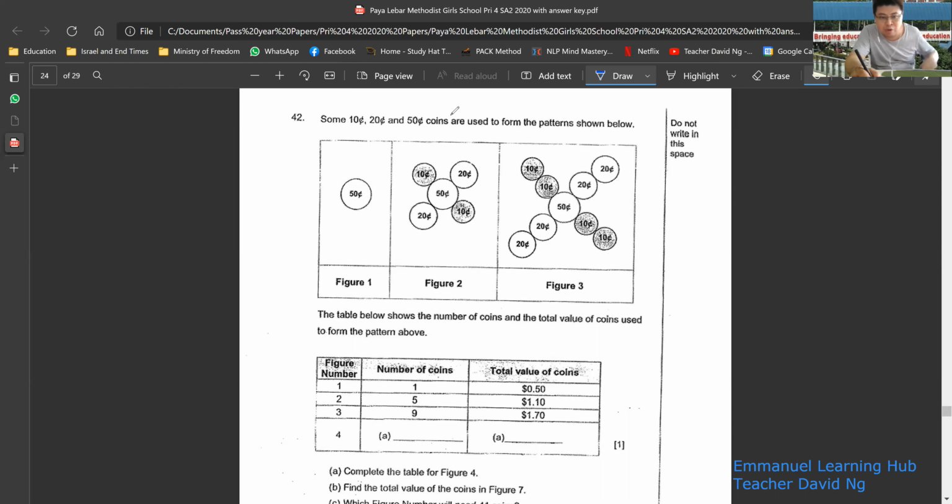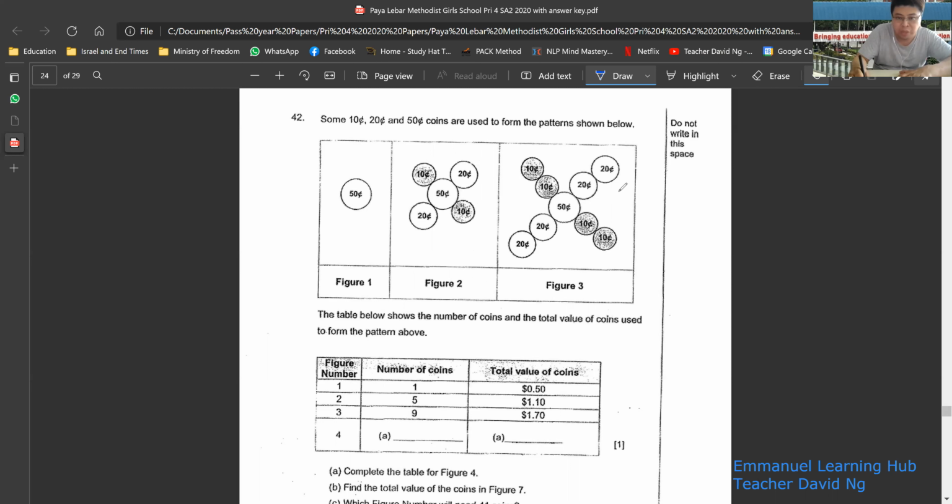Okay. So figure 1, you have 1 50-cent coin. Figure 2, you have 5 coins. But you have 1 50-cent, 2 20-cent, and 2 10-cent. So the total value is $1.10.